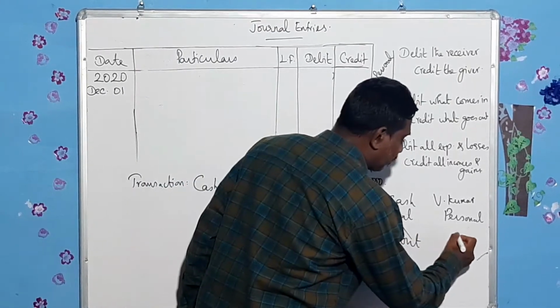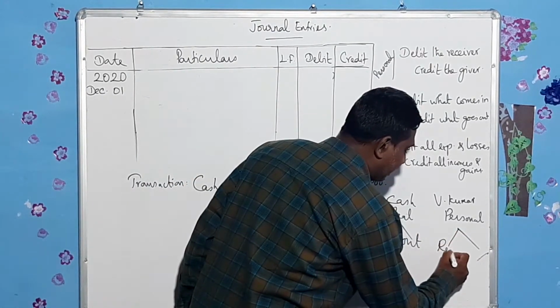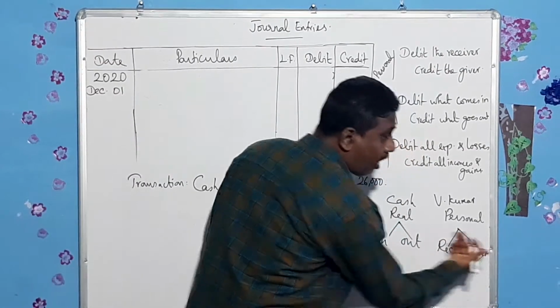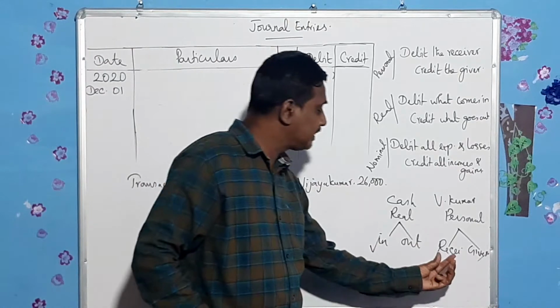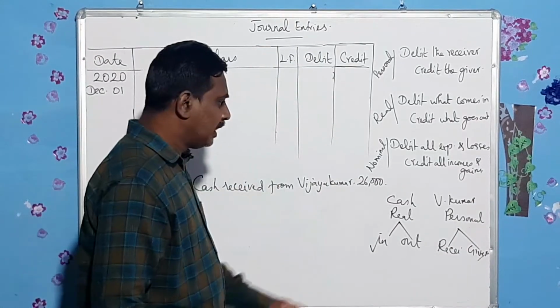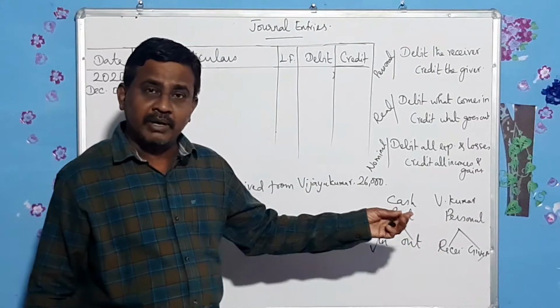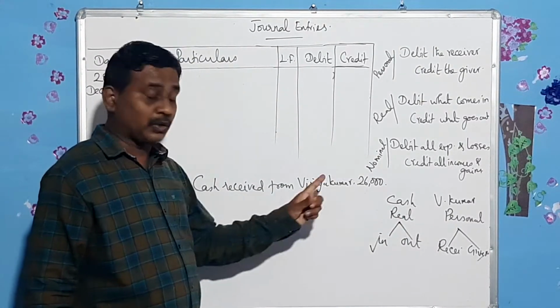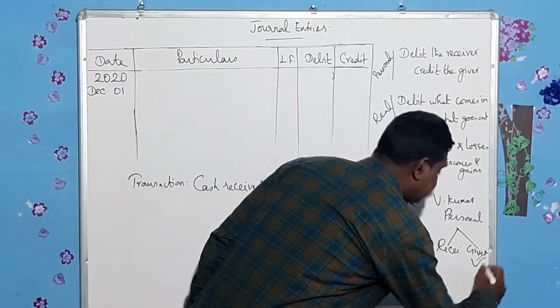And for a personal account, see whether he is the receiver or giver. Remember, you should not change the order. Receiver should be written first and giver next. Cash is received from Vijay Kumar, so he is the giver.